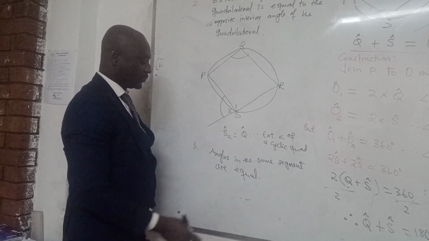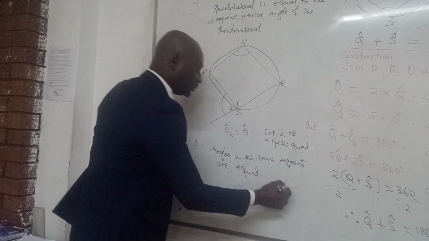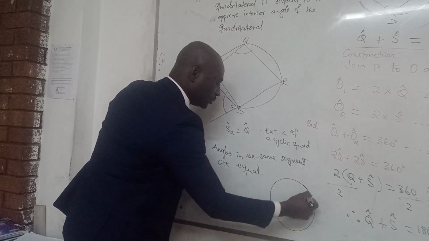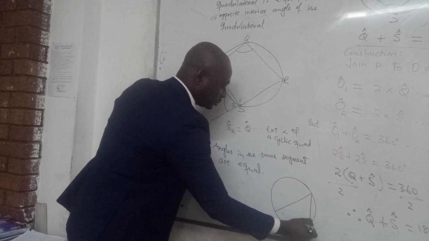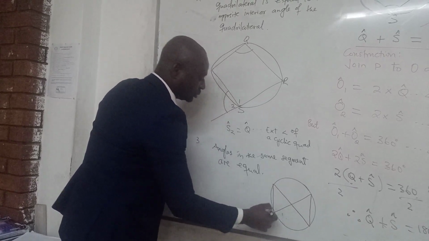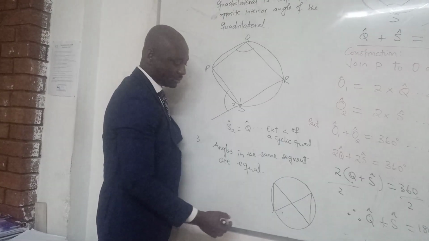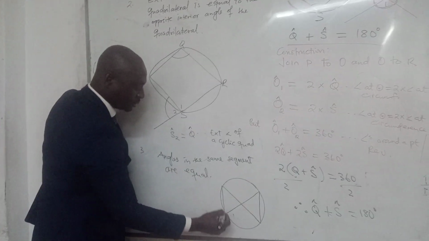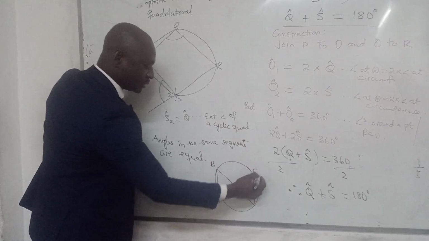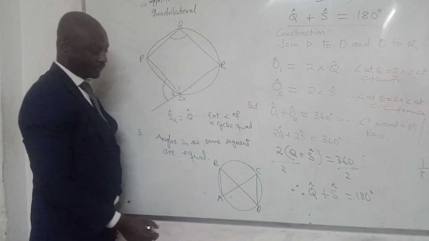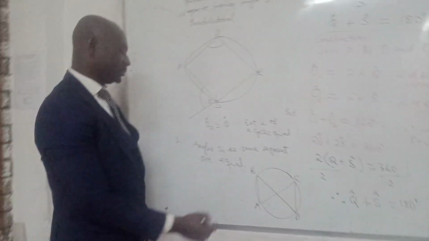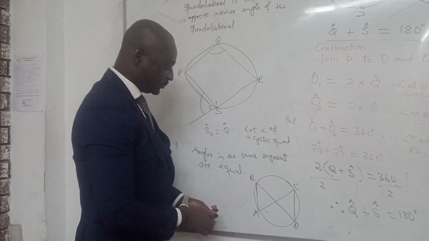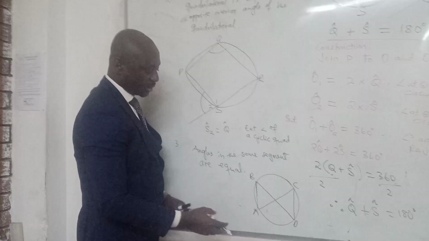So when you see a quadrilateral or a cyclic quad, let me draw a circle. Something like this. So if I have A, B, C, D. Angles in the same segment simply means angles that are subtended by the same arc or chord.